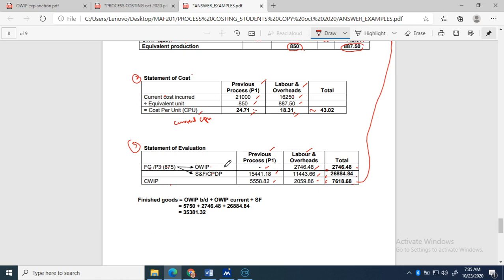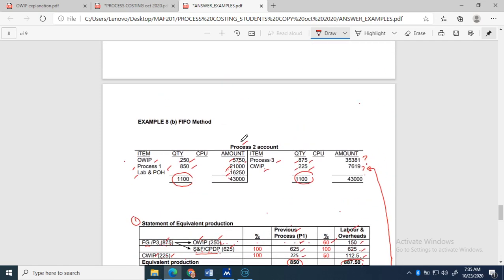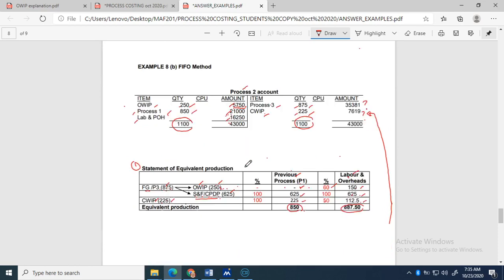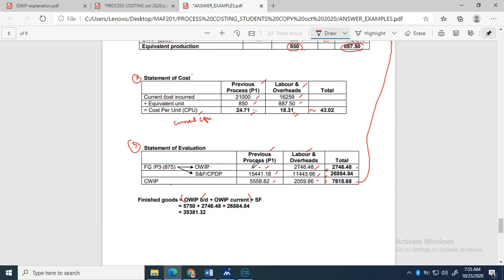Now under finished goods we have OWIP, we have started and finished. OWIP, we have two types of OWIP. OWIP balance brought down from the last period, from the process account, is 5750. This is the cost of OWIP that you used in the last period. 5750 brought down from the last period, and OWIP that you continue producing in the current period, this is the amount 2746.48.